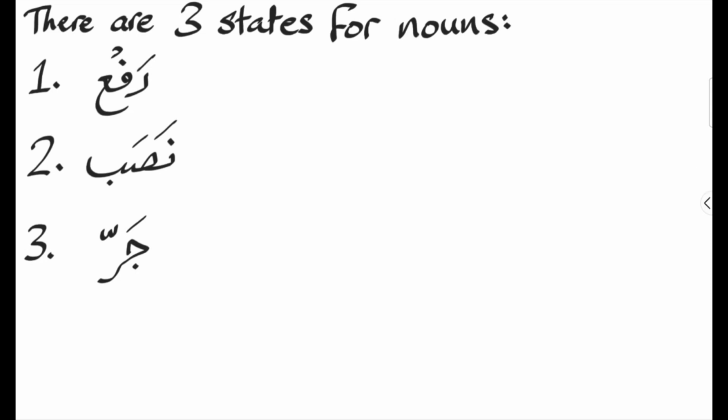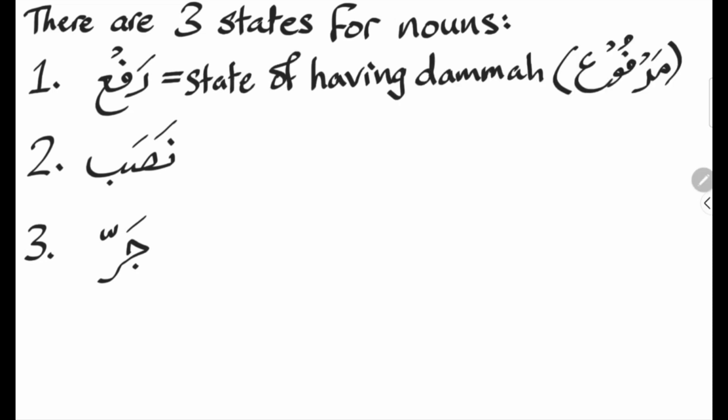The first one is rafa. Rafa is the state when a noun has dhamma. Also, to correct myself on that one, whether it's 1 dhamma or 2 dhammas, it's called rafa. So rafa is a state of having dhamma.